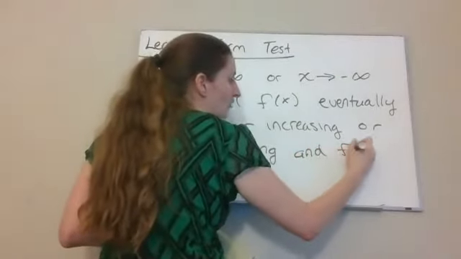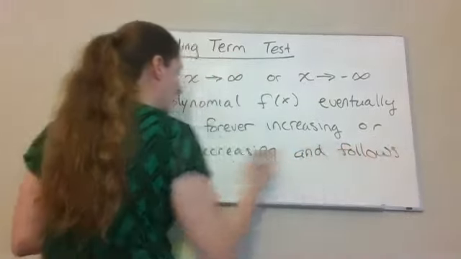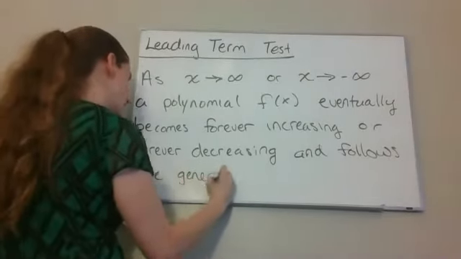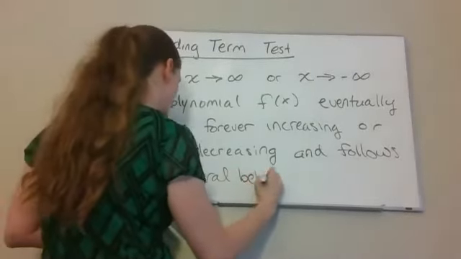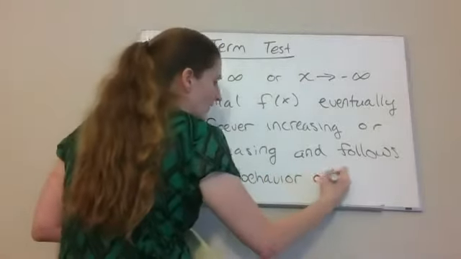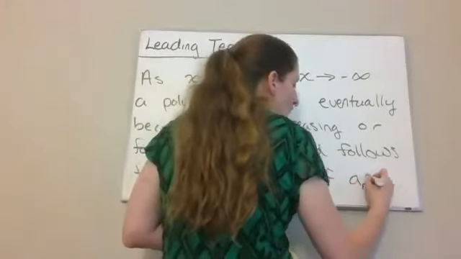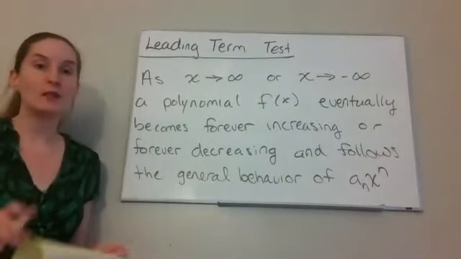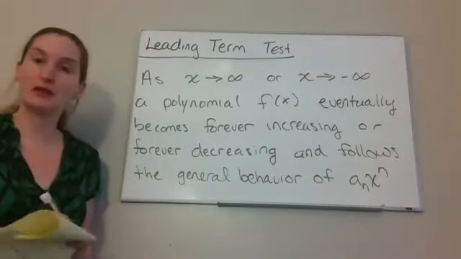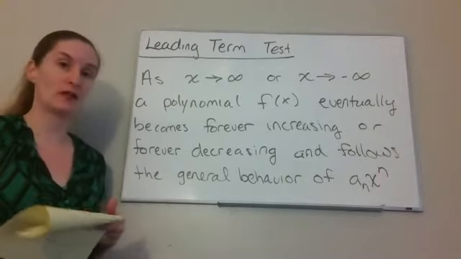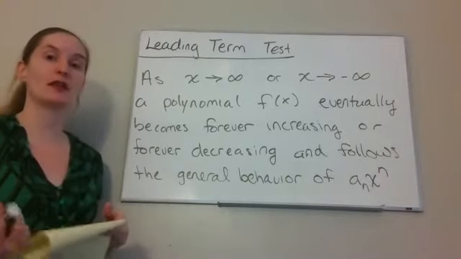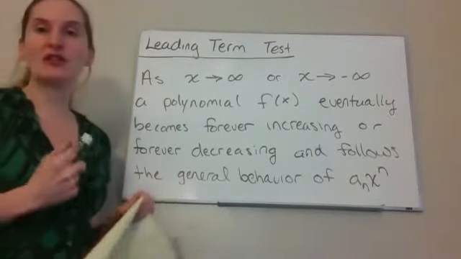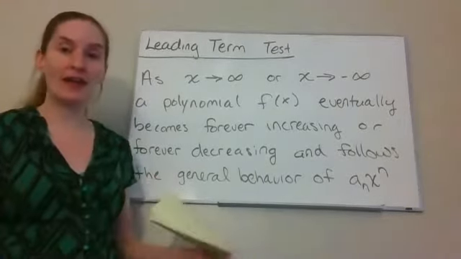And it follows the general behavior of the very first term, a_n times x to the n. So what this is saying is when you plug in really, really big numbers, whether they're really, really big positive or really, really big negative numbers, it's that leading term that actually controls the behavior of the graph on the ends.